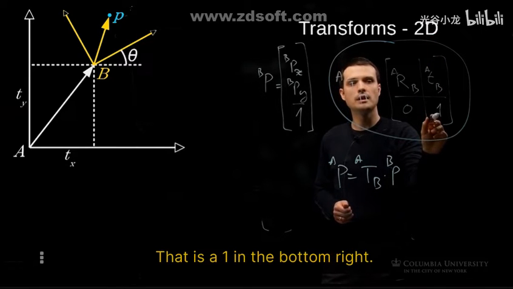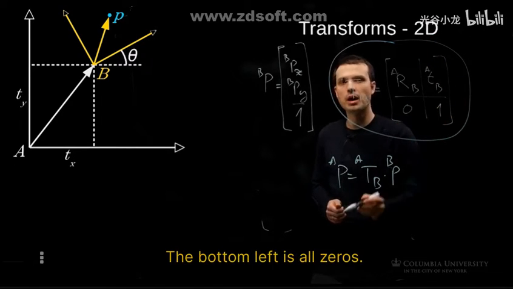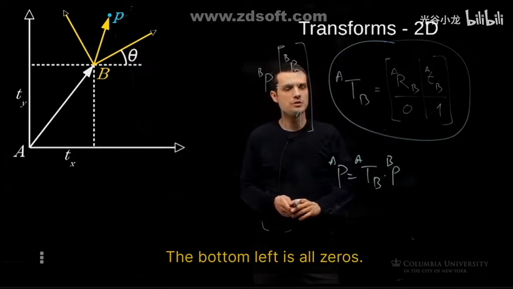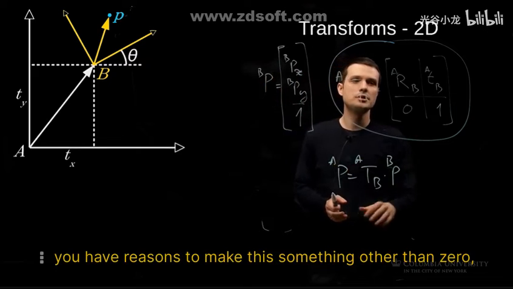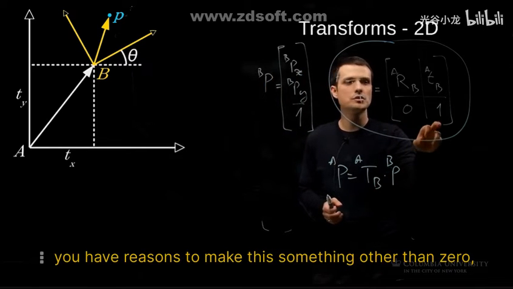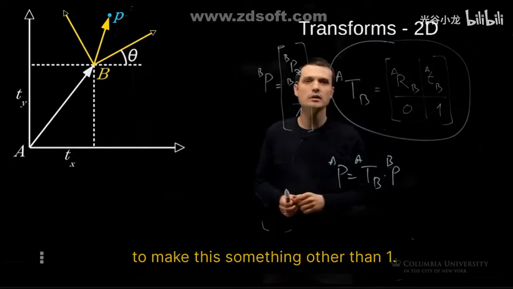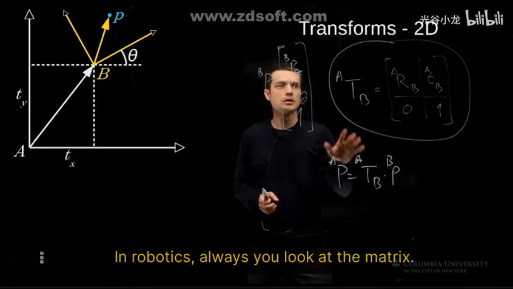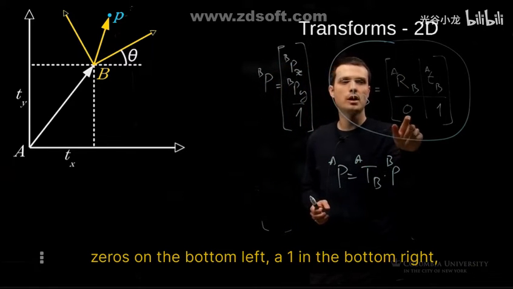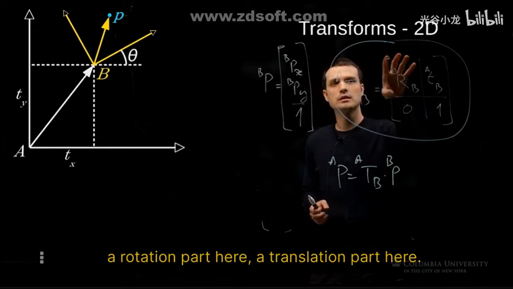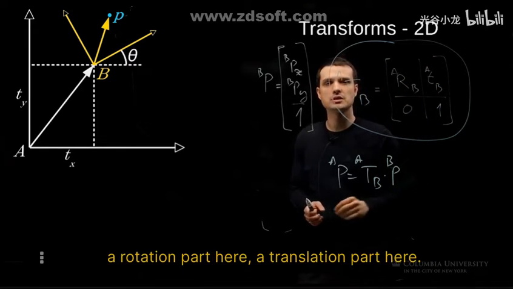There is a 1 in the bottom right. The bottom left is all zeros. Again, for example, in computer graphics, you have reasons to make this something other than 0, to make this something other than 1. In robotics, always you look at the matrix. If it's a transform matrix, it has zeros on the bottom left, a 1 in the bottom right, a rotation part here, a translation part here.